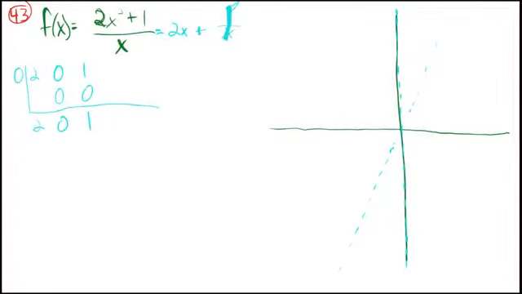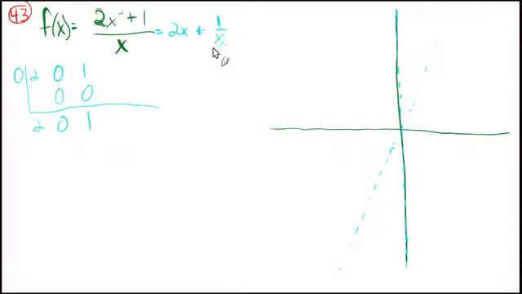That's pretty cool, I think. It's pretty interesting because as we approach positive and negative infinity, this guy just doesn't even matter. Put in 1,000,000, 1 over 1,000,000, it's like nothing's there. But put a 1,000,000 over here, you have 2,000,000.